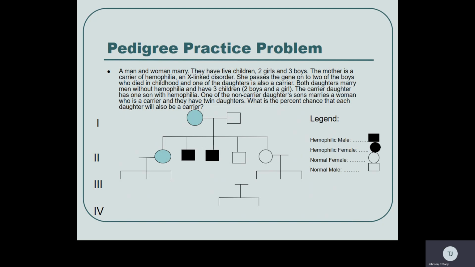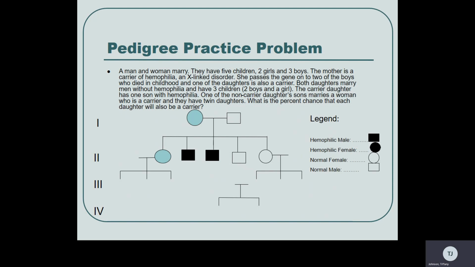So this child is X little h, Y, and this child is X little h, Y. And 2 of her boys who died in childhood. Hemophilia is a nasty little disease, and so yeah, it's entirely possible to die from it. So now you end up with 1 boy and 2 girls.